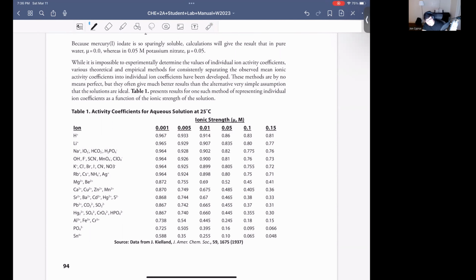Again, you're just going to look at these. So the mu, the ionic strength for each of these is, let's see. Let me find it. We have calcium, 2 plus. So let's say your calcium is 4.485, or if your mu is closest to 0.05, then you pick that one.